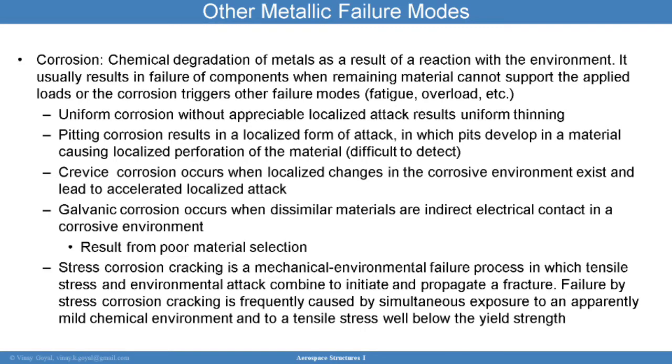The failure by stress corrosion cracking is frequently caused by simultaneous exposure to an apparently mild chemical environment and to tensile stress well below the yield strength. So again, stress corrosion cracking is basically growth of a crack in a corrosive environment. And it can be a significant issue, especially at elevated temperatures. And these events can occur in ductile metal alloys, typically.